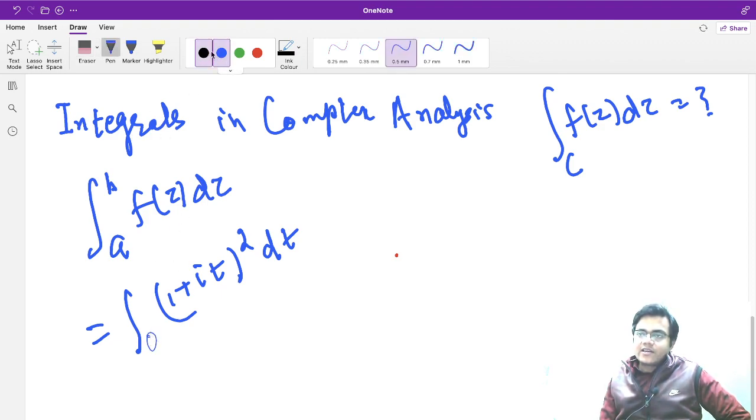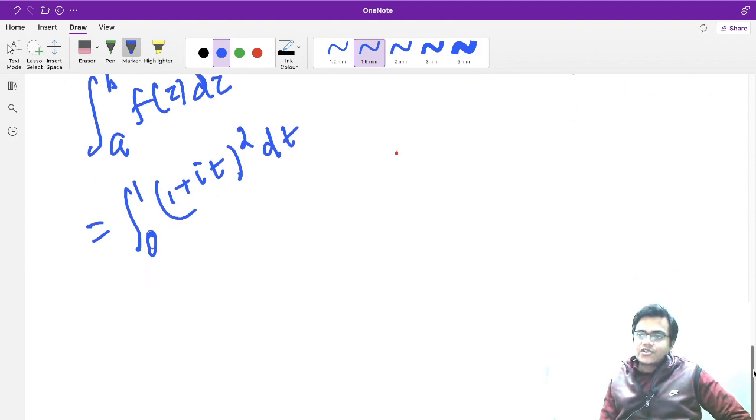Certainly we are transforming ourselves from real to complex, so that's the reason we should go through each and everything. So from 0 to 1, how do you do it? 0 to 1, (1 square plus 2ab plus b square) dt.